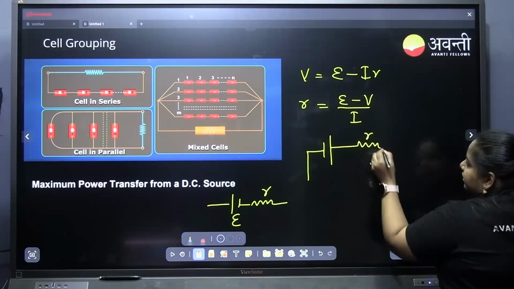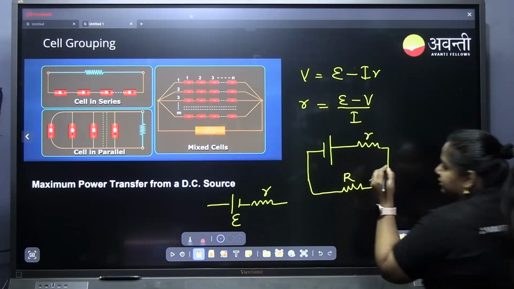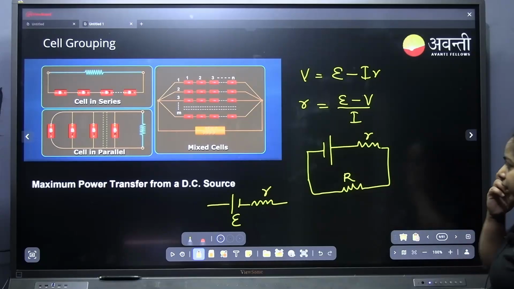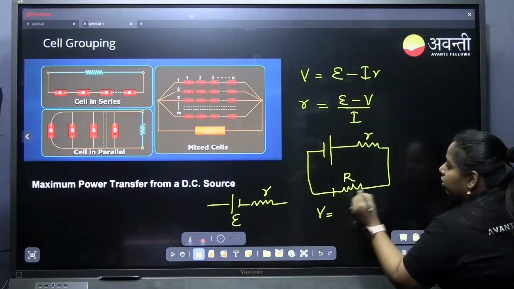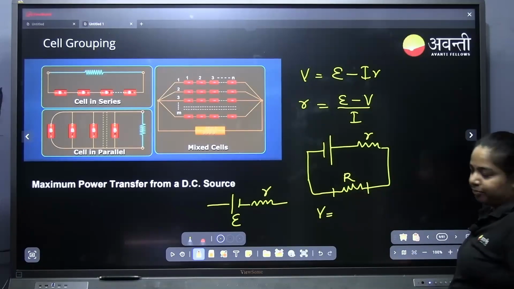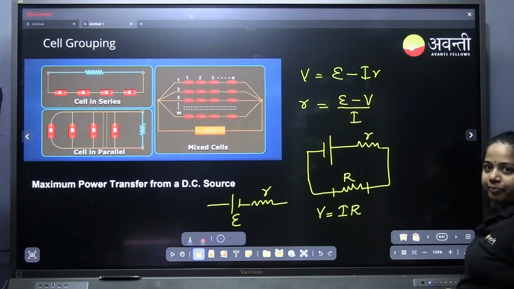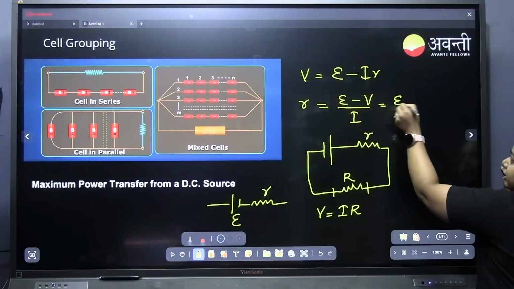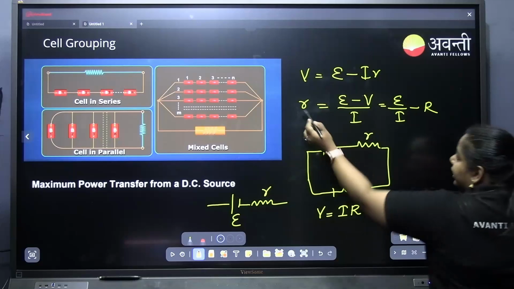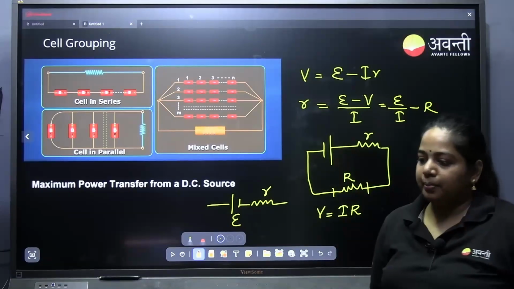We have our internal resistance r and this is an external resistance capital R. In this case, V is equal to the voltage across this R, so we can say it is equal to I into R. If current is given, you can substitute it here. So E by I minus R, you will get the internal resistance r.